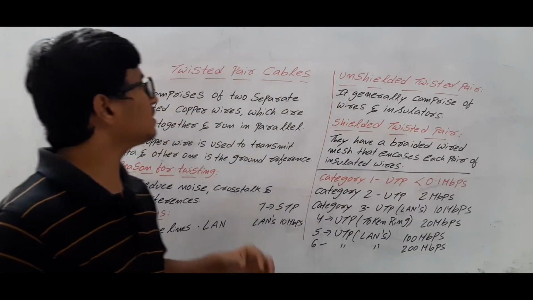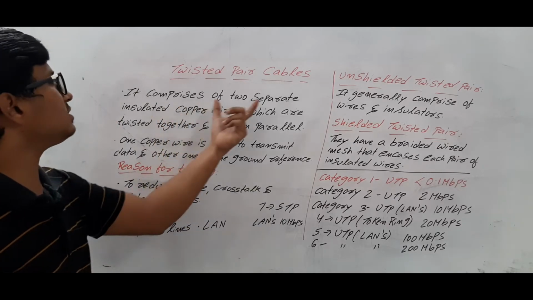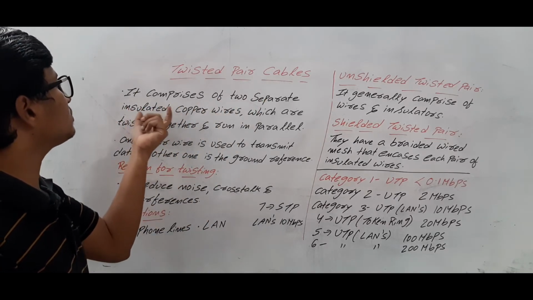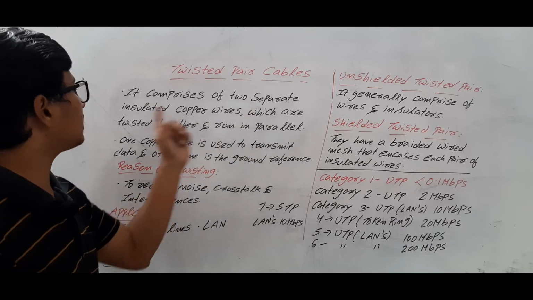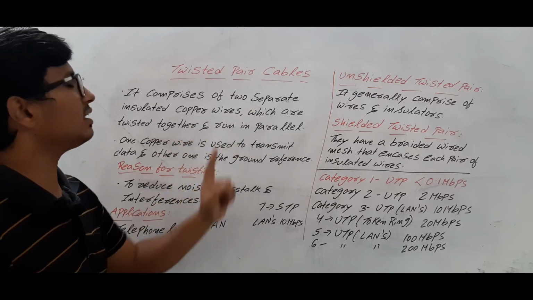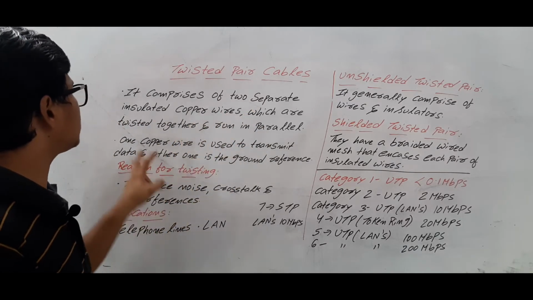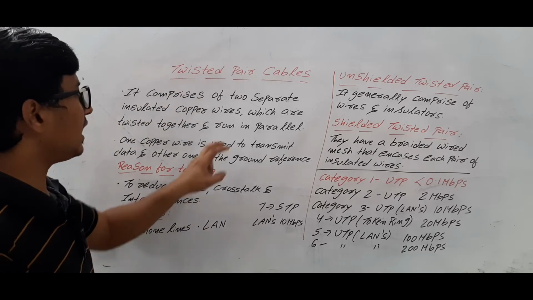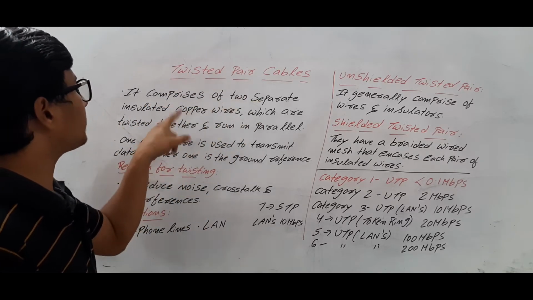If you see twisted pair cables, they comprise two separate insulated copper wires which are twisted together and run in parallel. As the name suggests, they are twisted, and it is a pair of two separate copper wires.